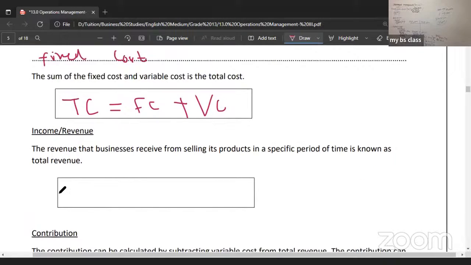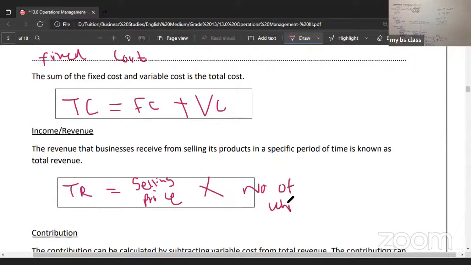And when it comes to revenue, that is your total revenue. We use the word TR for total revenue. So TR equals selling price per unit into the number of units.